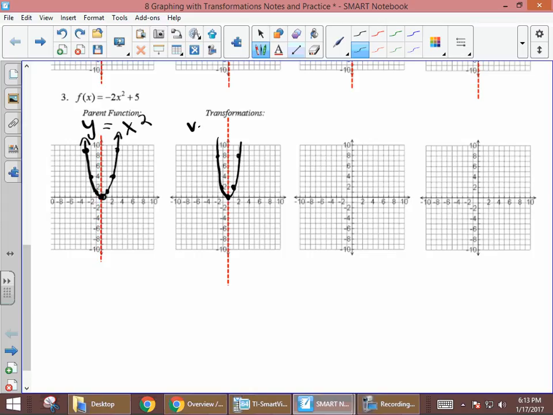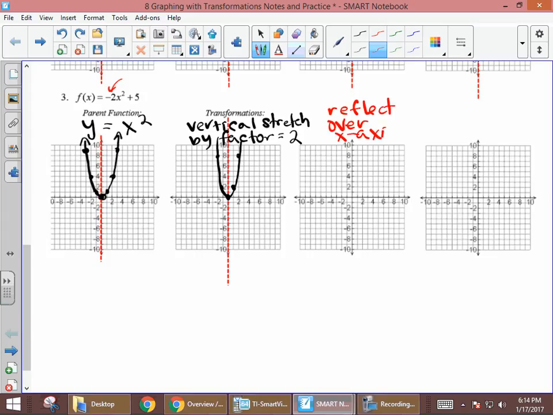So that took care of our vertical stretch by factor of 2. All right, so the next thing we have is the negative. So we are going to reflect over x-axis.